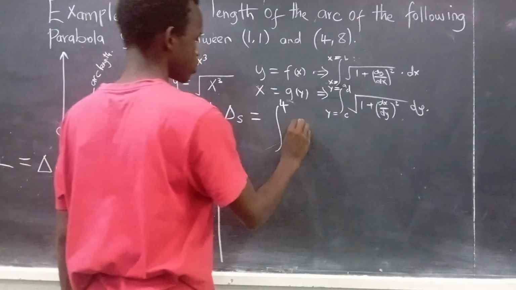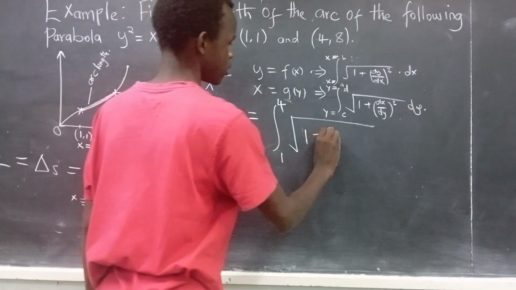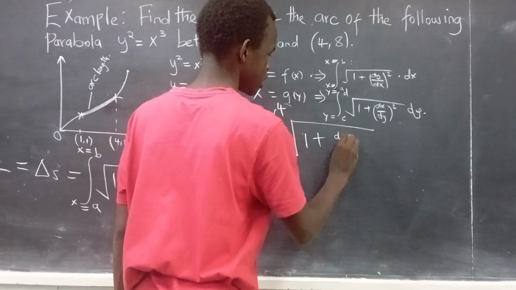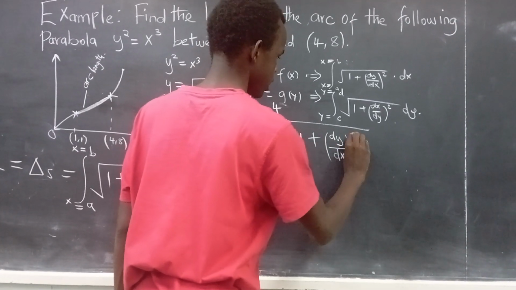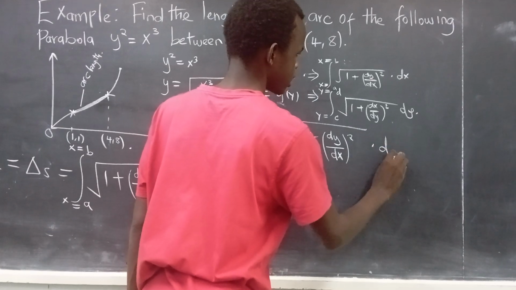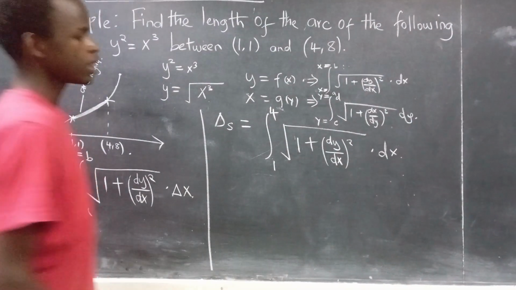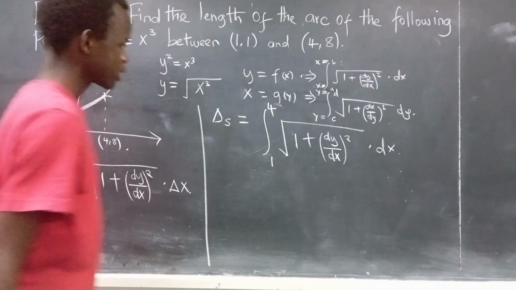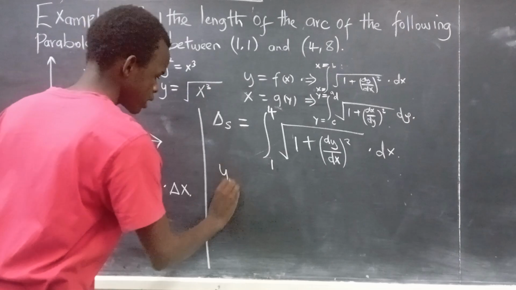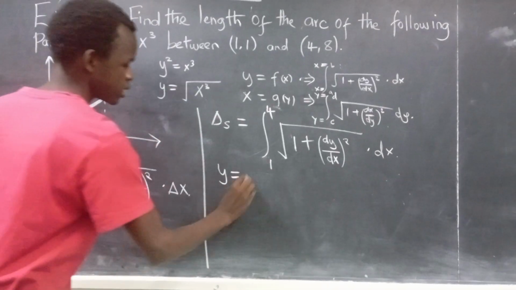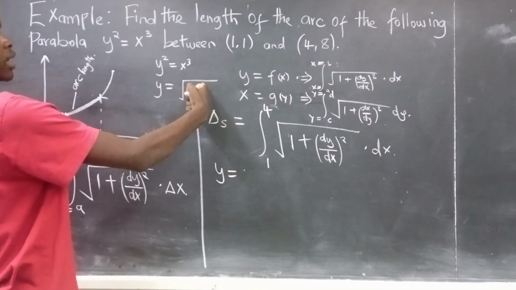The square root of 1 plus dy dx squared dx. So from here, let's compute our dy dx. We said our y is the same as the square root of x cubed.